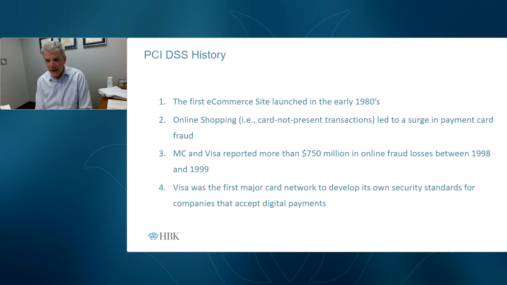Back in the late 90s, Visa and MasterCard reported $750 million in online fraud. That led Visa to put its toe in the water and try to figure out how to get some security standards around digital payments so it could start to help protect itself from all the fraud that it was experiencing. That's really the precursor to the invention of PCI DSS.